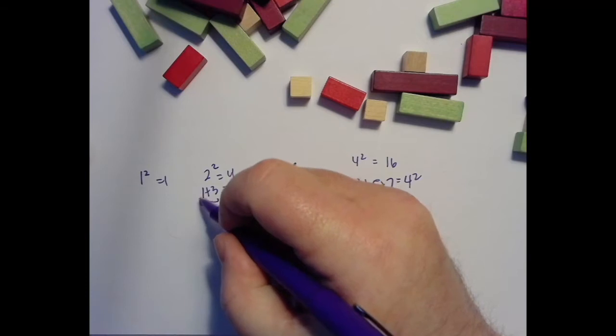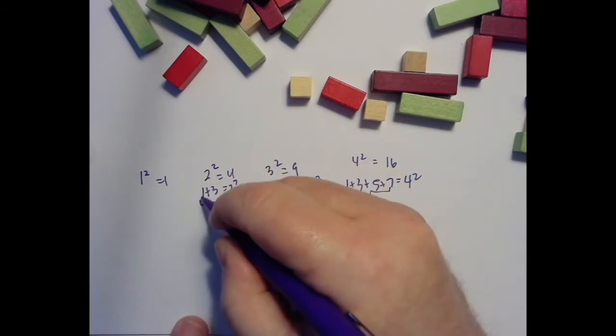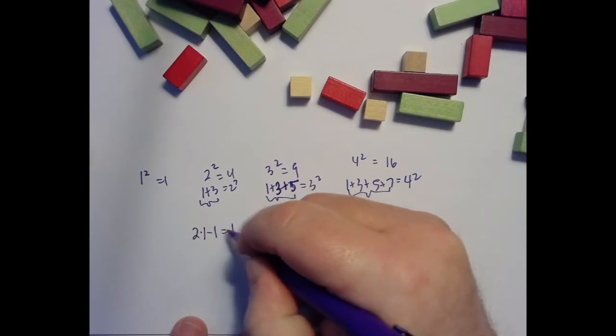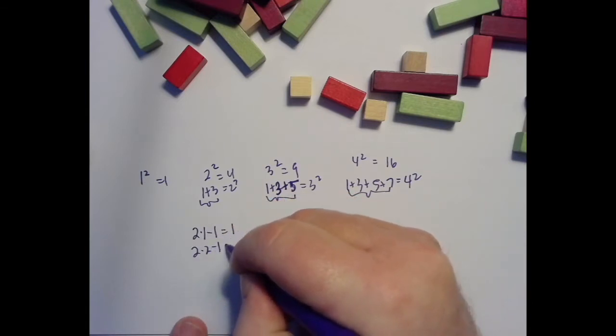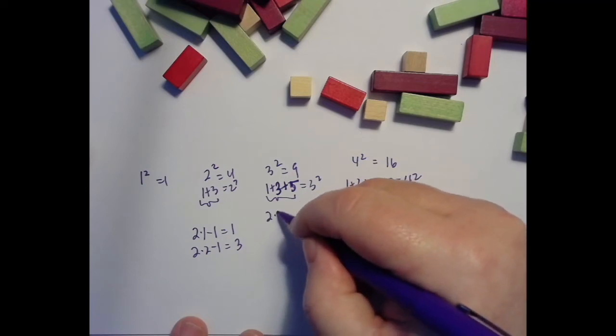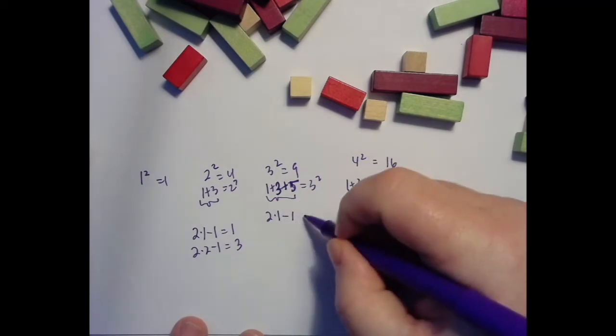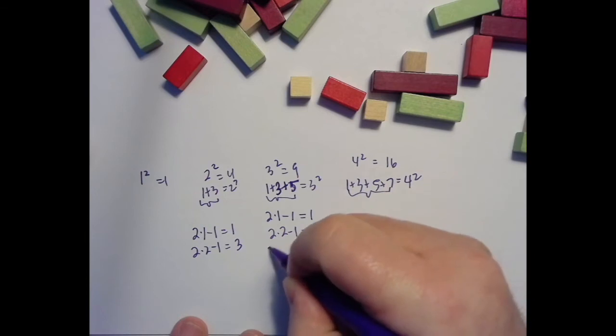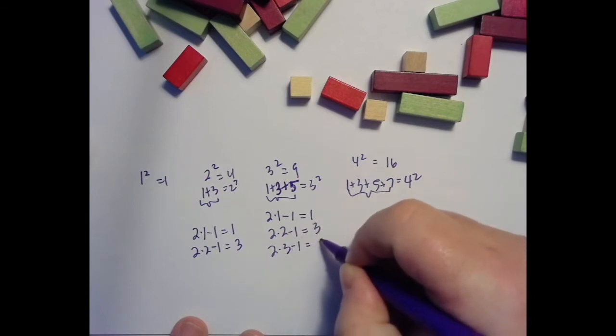So if I took this 1, 2 times 1 minus 1 gives me 1. 2 times 2 minus 1 gives me 3. Here, if I took these, 2 times 1 minus 1 equals 1. 2 times 2 minus 1 equals 3. 2 times 3 minus 1 equals 5.